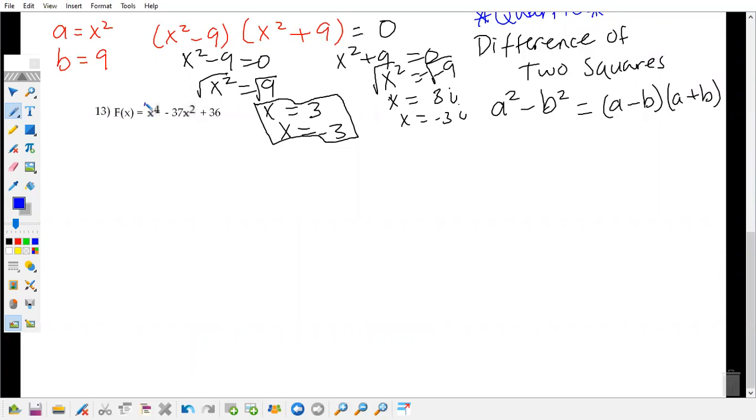So still, my A is 1, my B is negative 37, and my C is 36. If I didn't want to factor, could I use quadratic to start me off? I could, but this is an easy factor. So let's factor. What multiplies to give me 36, but adds to give me negative 37?